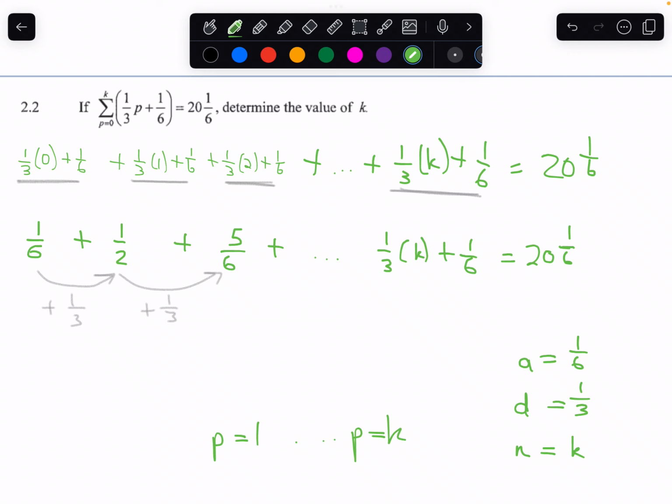It's like counting from 1 until 5, you count 5 numbers. But if you start counting at 0, that adds an additional term. If you count from 0 to 2, you have 0, 1, 2, 3 numbers. If you count from 0 to 5, you have 6 numbers. So this is actually going to be k plus 1 terms in total.